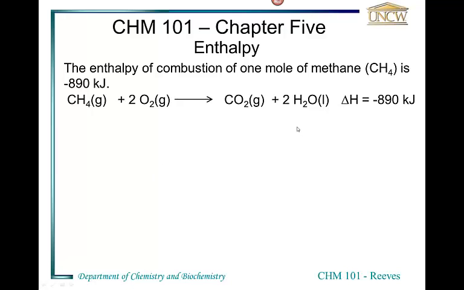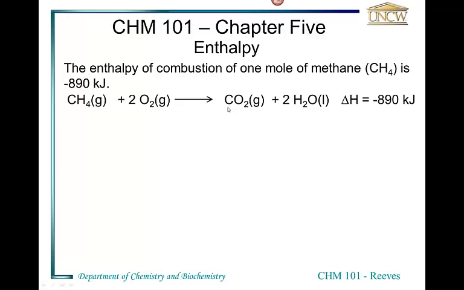And again, what that means is if you add up all the enthalpy contained in a mole of carbon dioxide and 2 moles of liquid water at 25 degrees, which is where this is taking place, and then subtract from it the enthalpy contained in a mole of methane and 2 moles of oxygen gas, the difference will be negative, meaning there's more enthalpy in the reactants than the products.